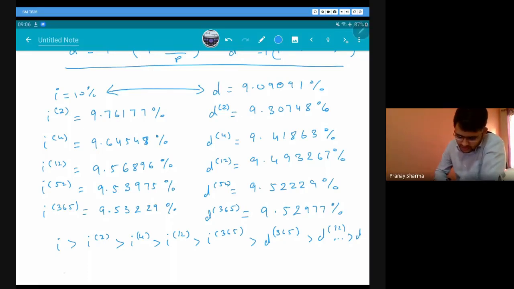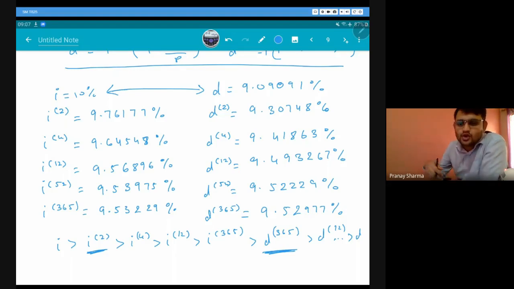So what does this say? If I am giving you interest more than once, I need a lower rate of interest to get the same amount. So to get the same amount, I want less rate of interest if I am giving you interest more than once a year. But that is exactly opposite when we talk about D, because I'm discounting more.